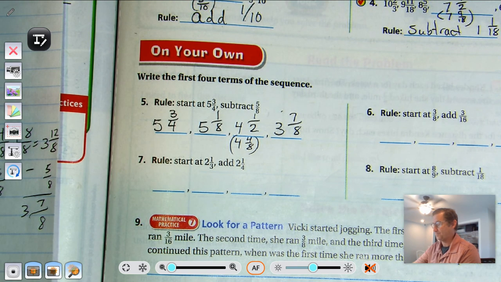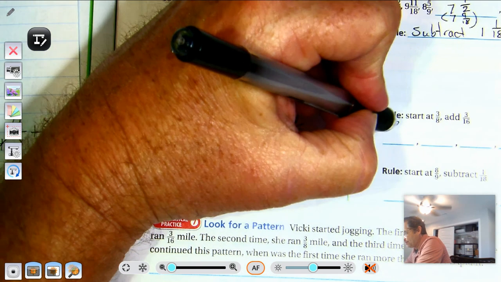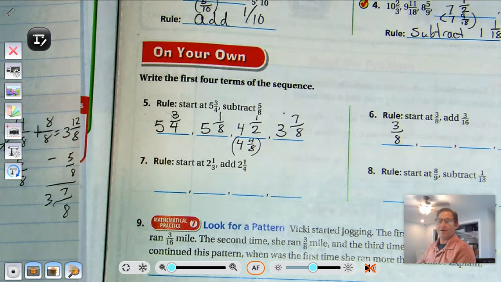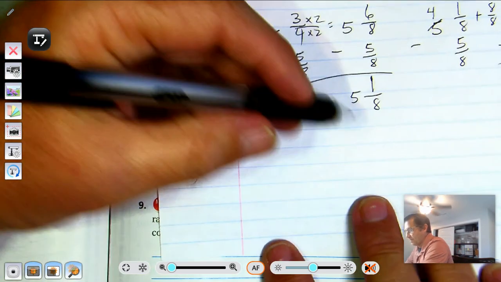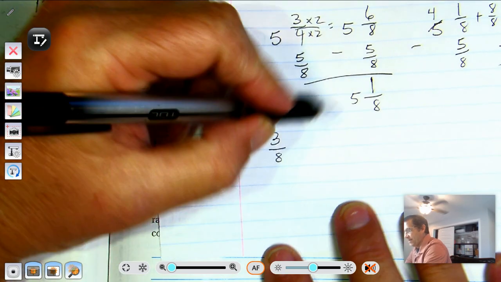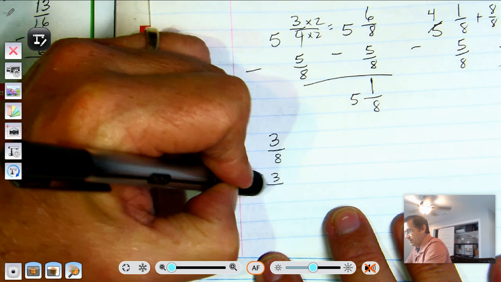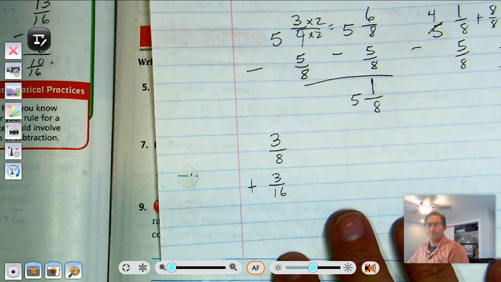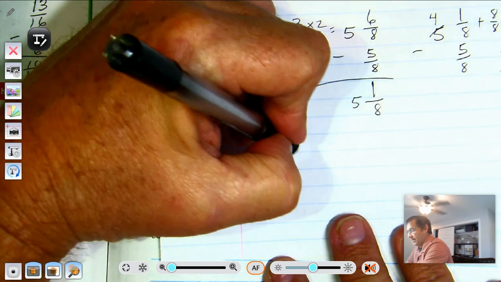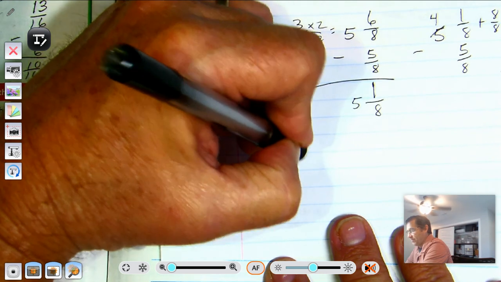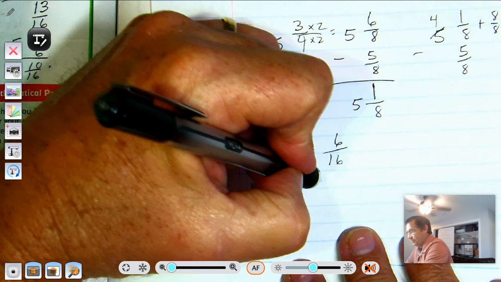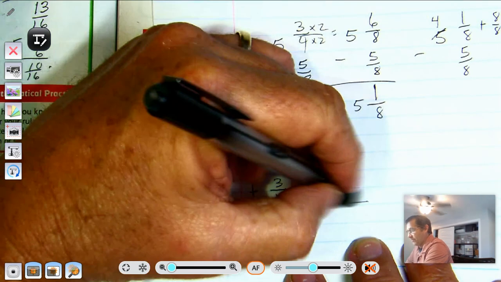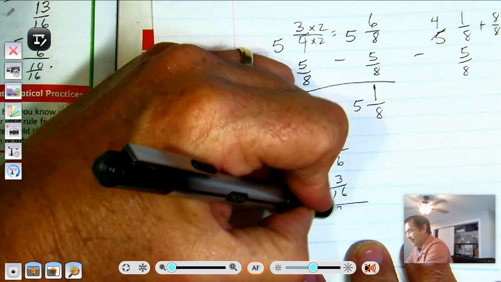Number 6. We're going to start at 3/8, and we have to add 3/16. 3/8 plus 3/16. Well, I can turn eighths into sixteenths by multiplying by 2. So 6/16 plus the rule of add 3/16, we get 9/16.